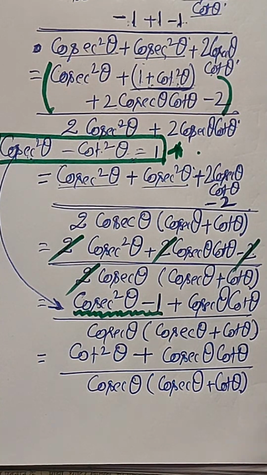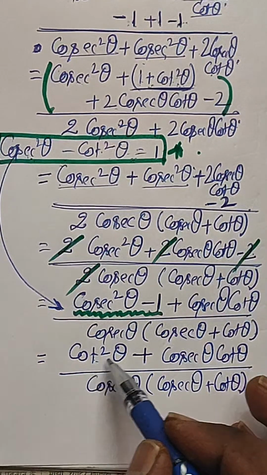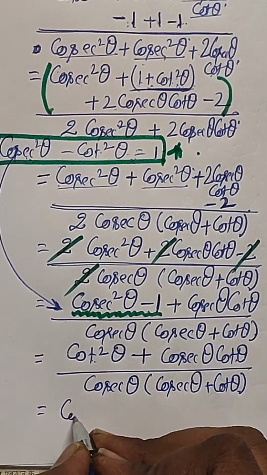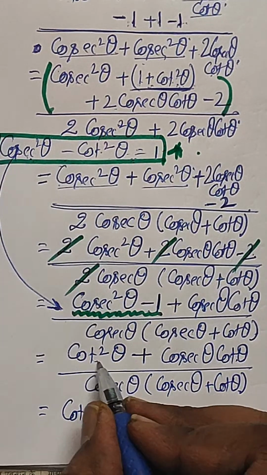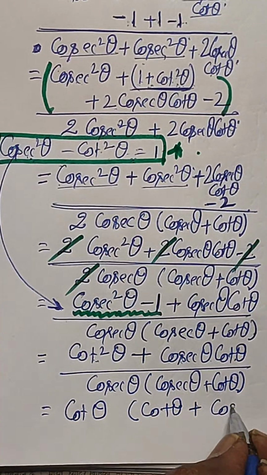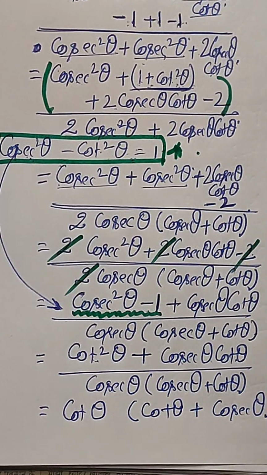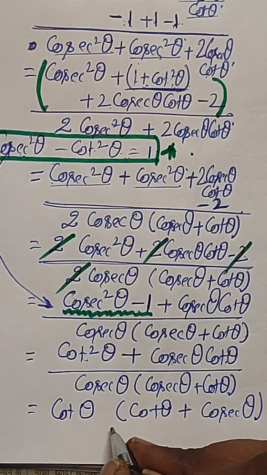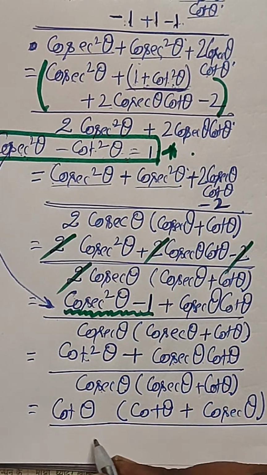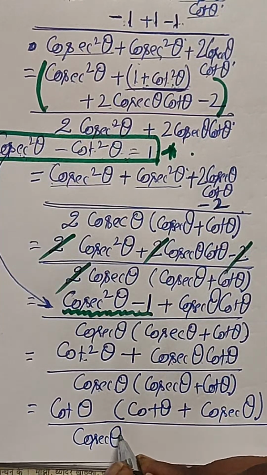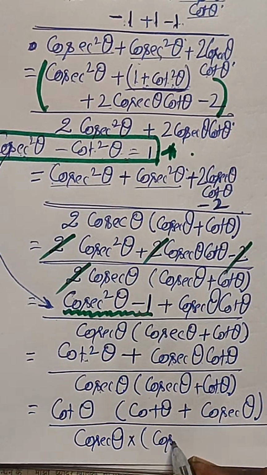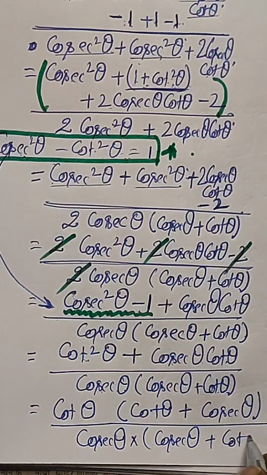So here, my dear friend, you can see cot theta can be taken as common in the numerator, right? So when cot theta is taken as common in the numerator, we are left with cot theta plus cosec theta, and in the denominator we have cosec theta multiplied by cosec theta plus cot theta.